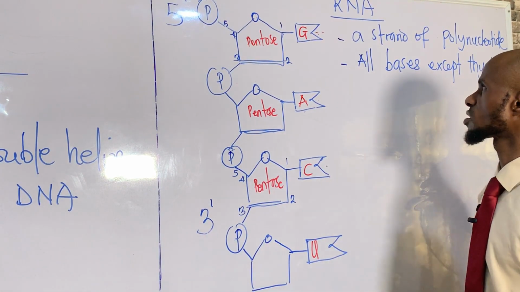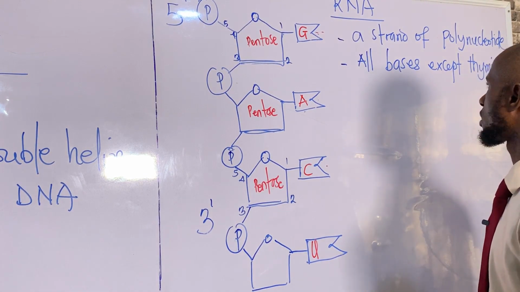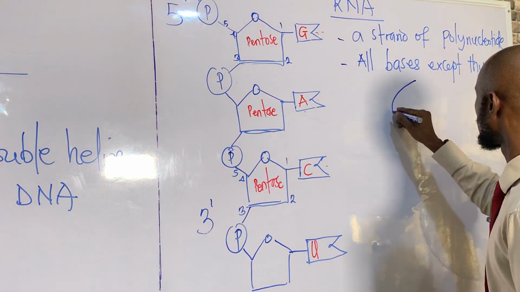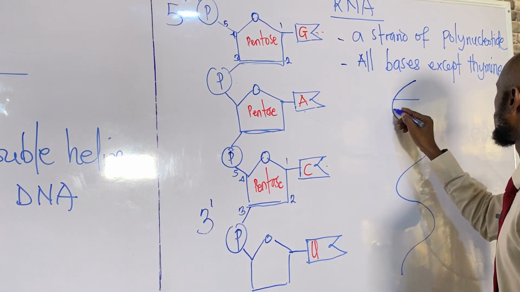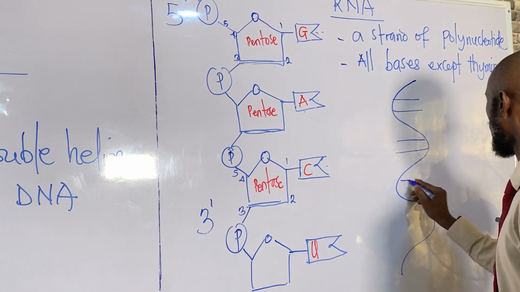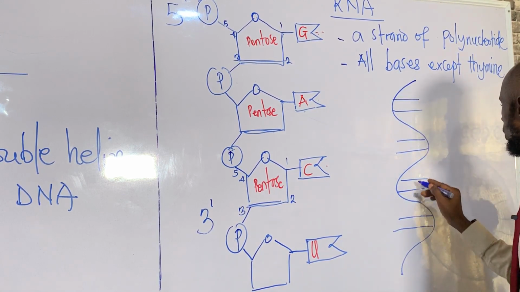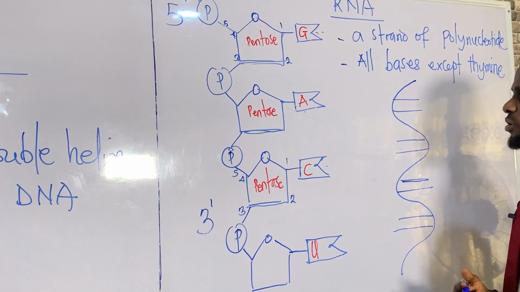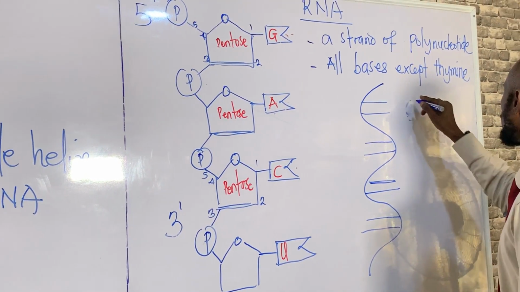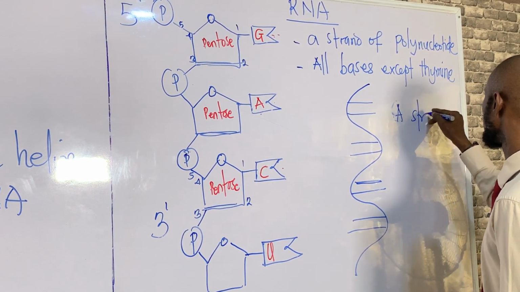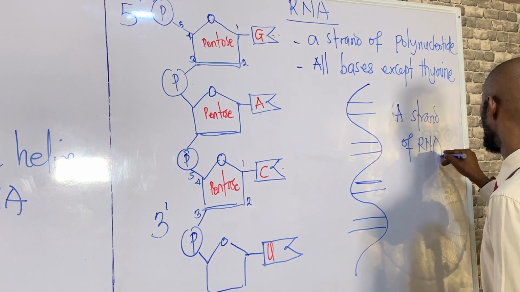This is the structure of the RNA. So how do we draw the strands of RNA? Very simple. They are the nitrogenous bases, but they are not connecting to another strand. So this is a strand of RNA.